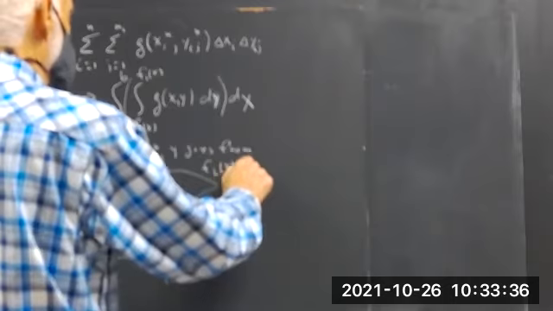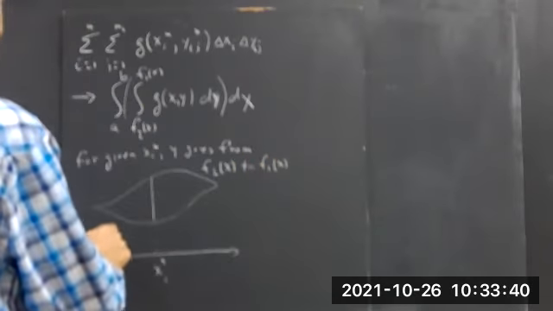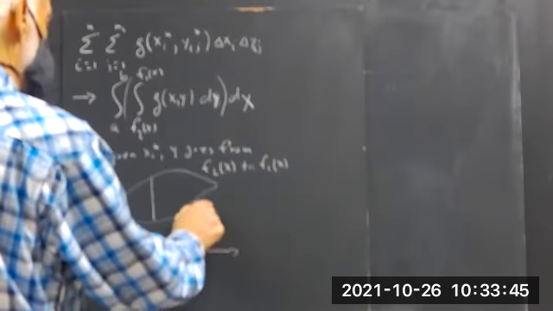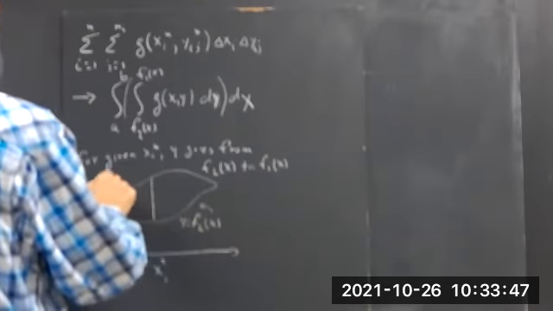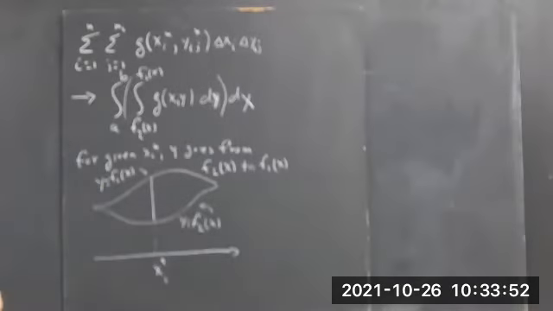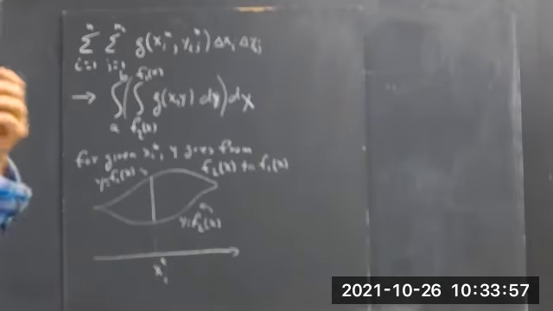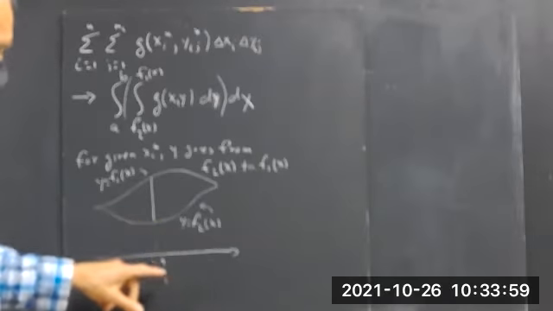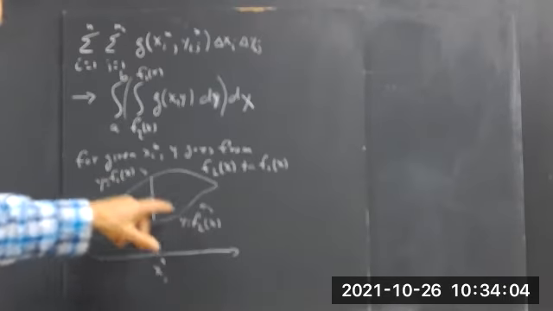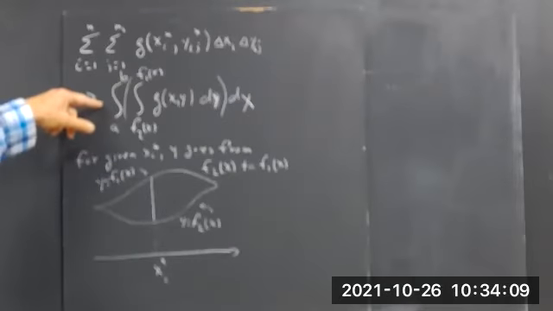F2 of x to F1. And if you know the limits on y for given x, and that's straightforward in the case of two functions here, then you basically got your integral.